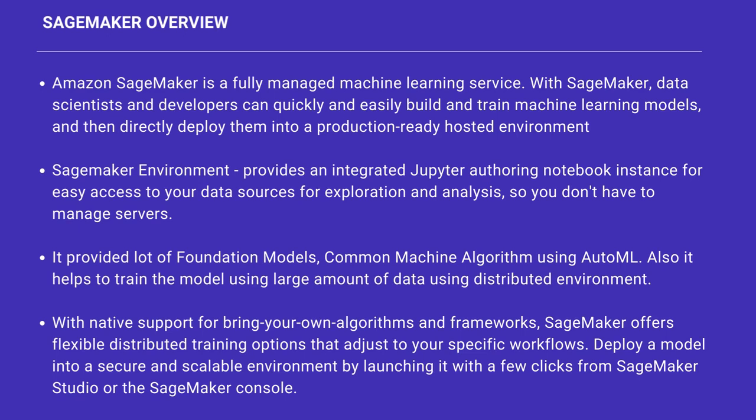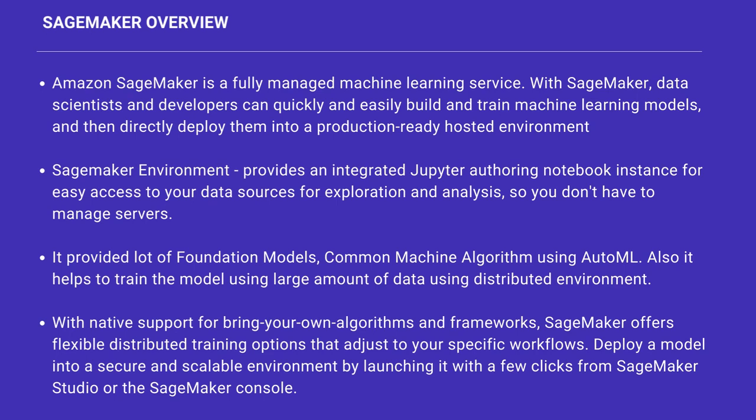Then, an important thing to talk about is people who want to use a foundation model or pre-trained model. SageMaker comes with examples and JumpStart models, and you have a lot of newly trained models. You can use them as a single-click deployment. You just need to fine-tune according to your data requirement and quickly deploy it.